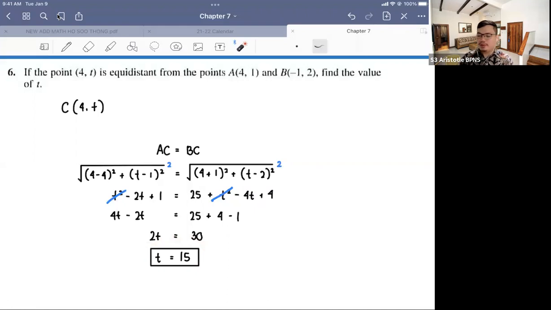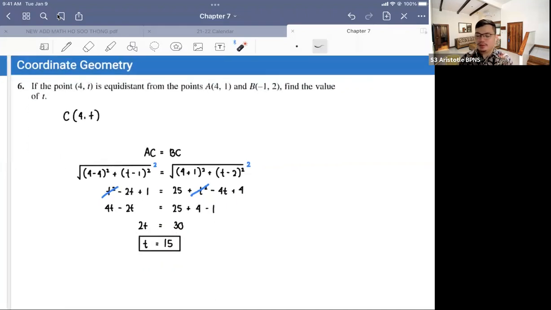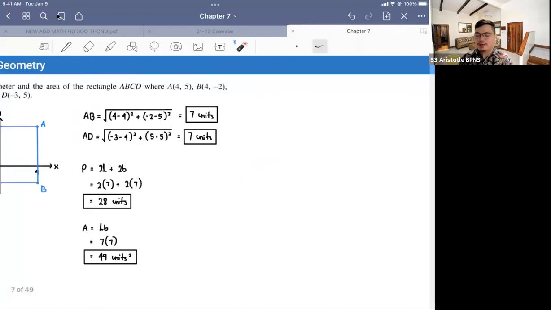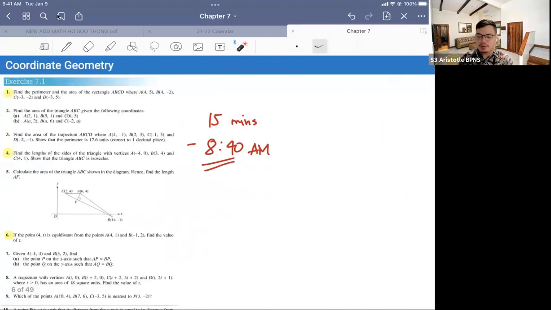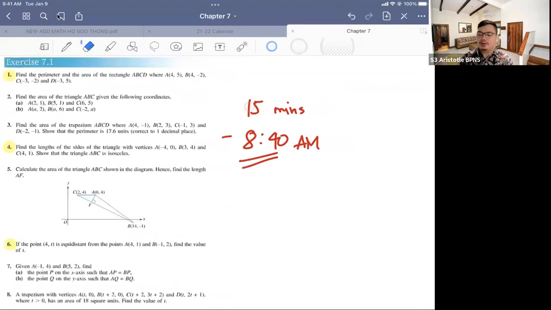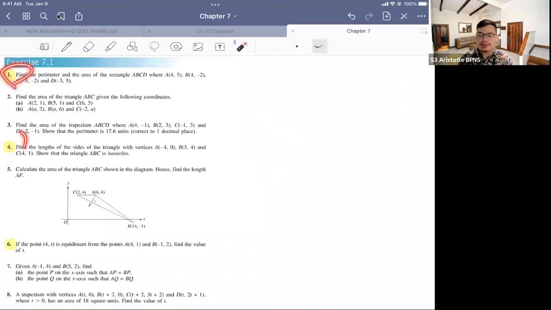Before we proceed to the next one, I just want to remind you guys that you can answer a few more questions. I cannot ask you to do all questions because, of course, it will take too much of our time. So I'm just giving you some questions that have something to do with your upcoming test or exam.